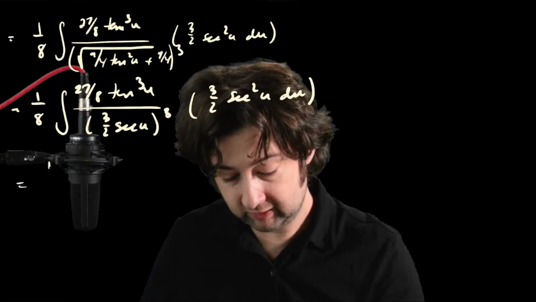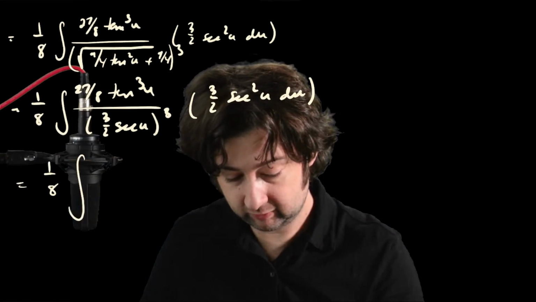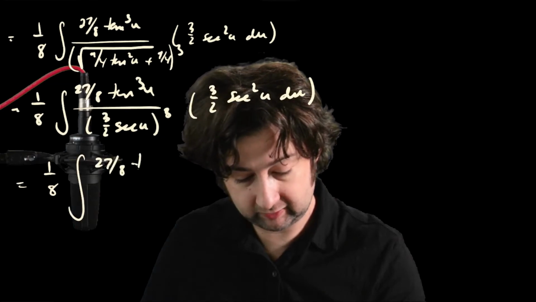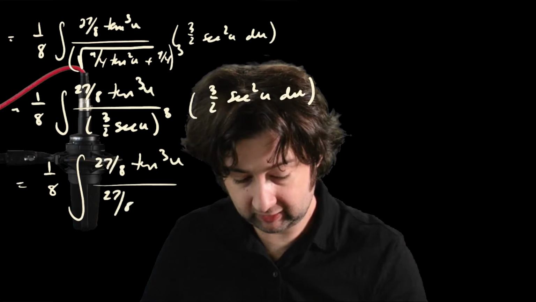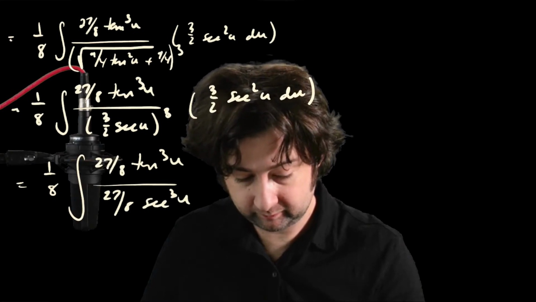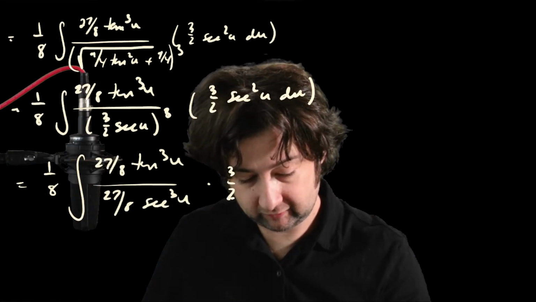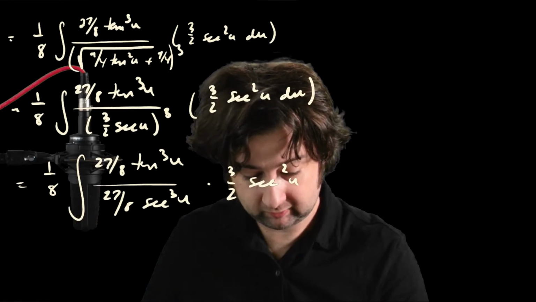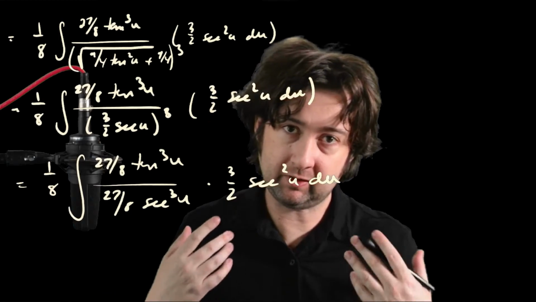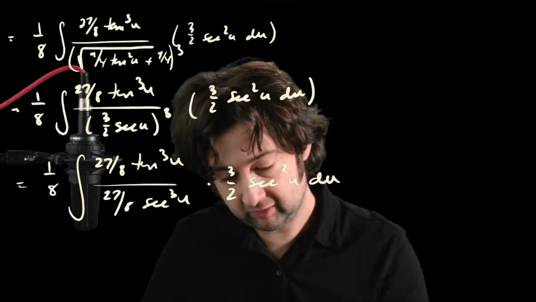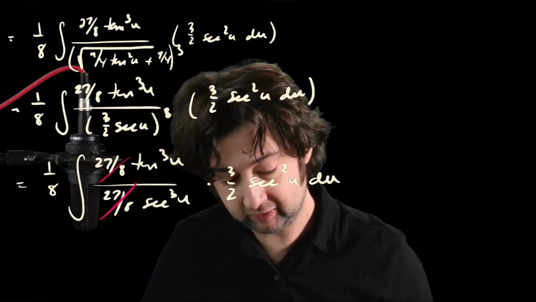So this is going to be 1/8 times the integral of 27/8 tangent cubed over 27/8 secant cubed times 3/2 secant squared du. Now we have to do the algebraic collapse that makes this into a problem we can actually solve. Notice here nicely that the 27/8 kill each other.